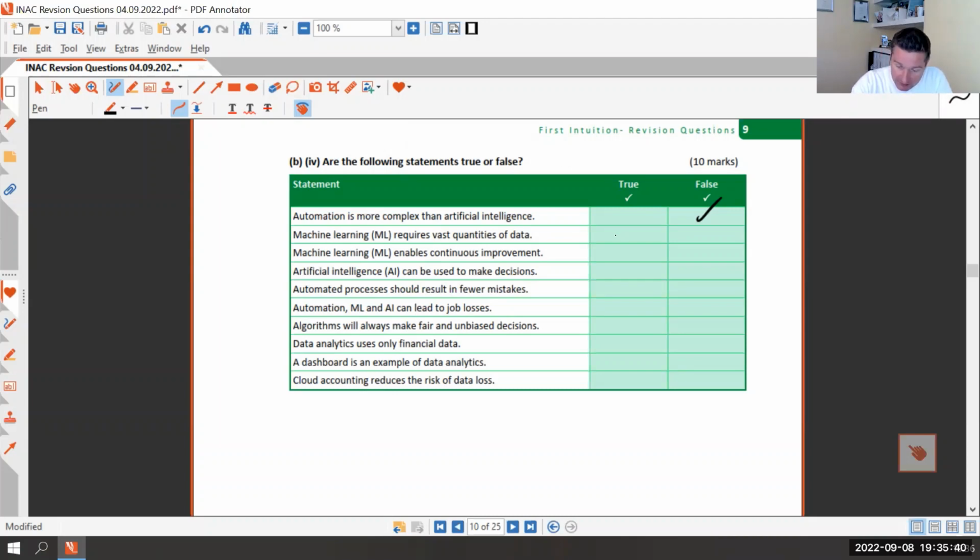Machine learning. Does this require vast quantities of data? Yes or no? And I'll go through what machine learning is once we've got an answer. Do you think machine learning requires vast quantities of data?